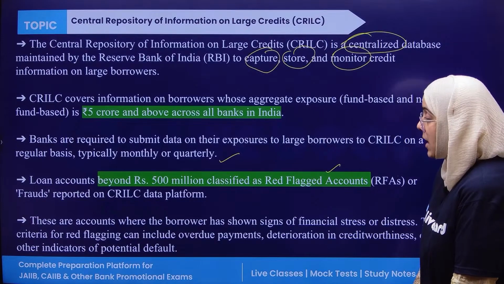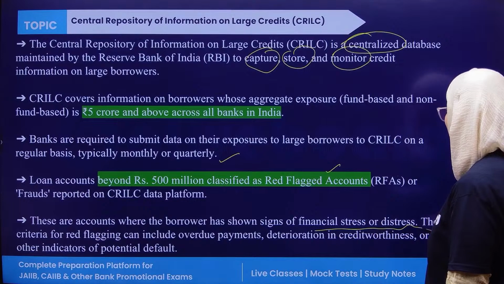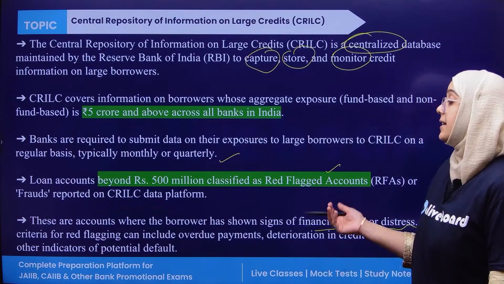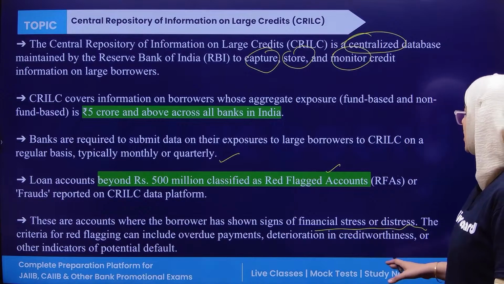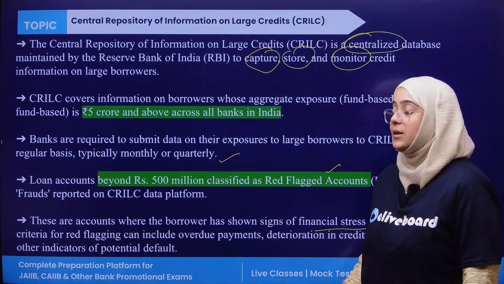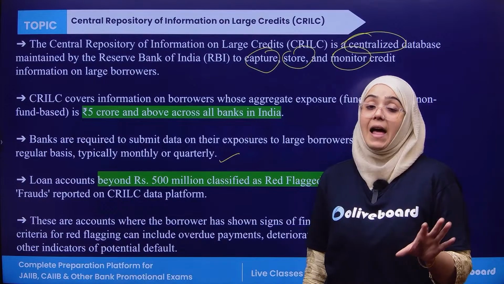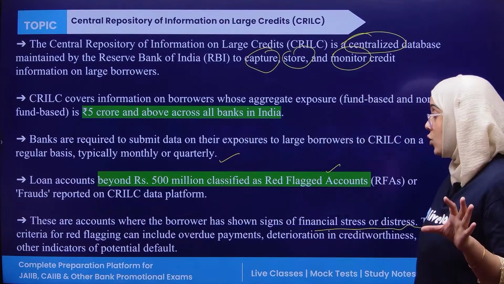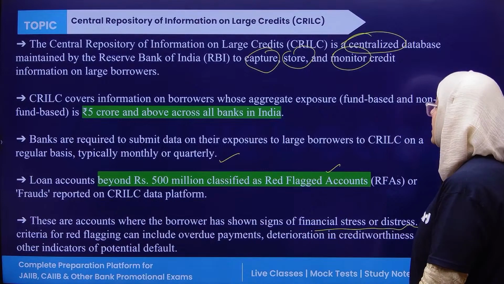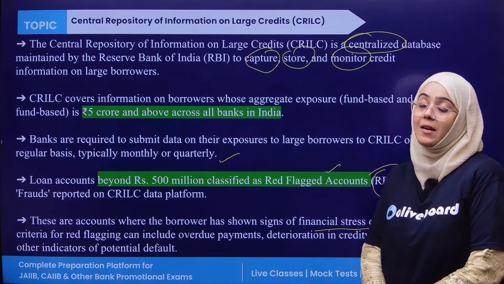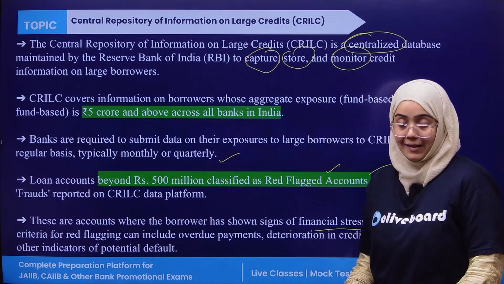Okay. Now, loans beyond 500 million are classified as a red flagged account or fraud reported on this CRILIC data platform. These are the accounts where the borrower has shown signs of financial stress or distress. The criteria of red flagging can include overdue payment, deterioration in credit worthiness, and other potential default. So there is one category which is known as the red flag account. What are red flag accounts? If the loan amount is beyond 500 million, then it is an RFA, red flagged account, and it is exposed to risk, obviously.